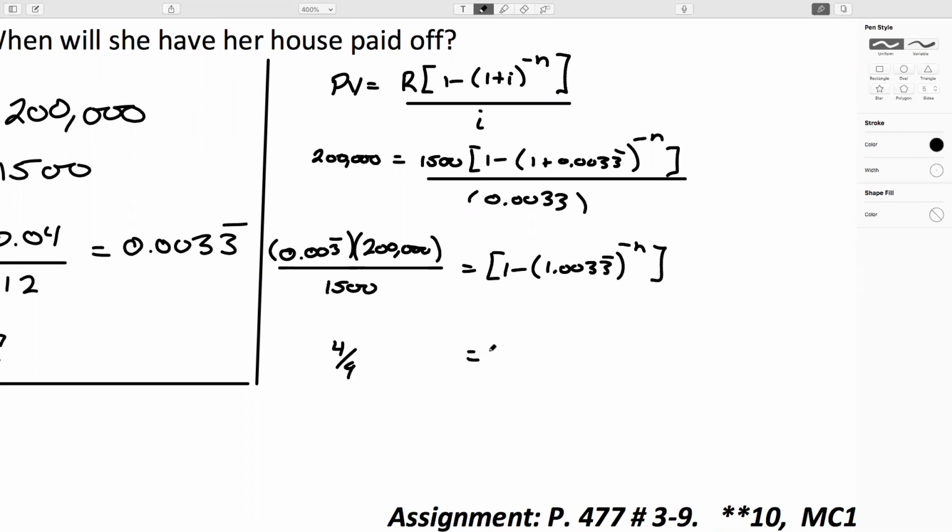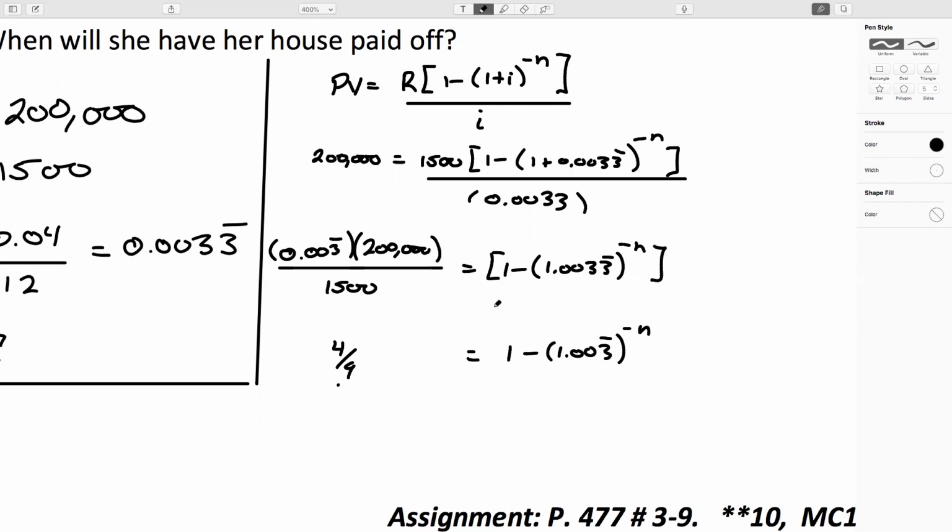And you can multiply this in, and then you can try to write it in lowest terms. You could also leave it as a decimal, but this will be a little bit more precise if we leave it as a fraction. So 1 minus 1.0033 repeating to the negative N.